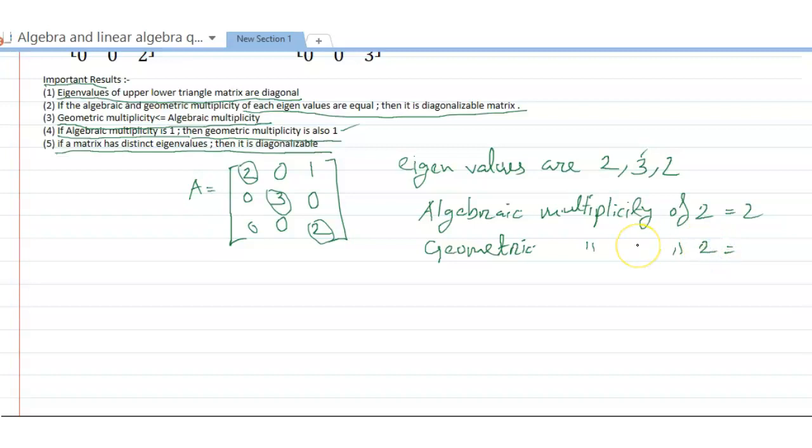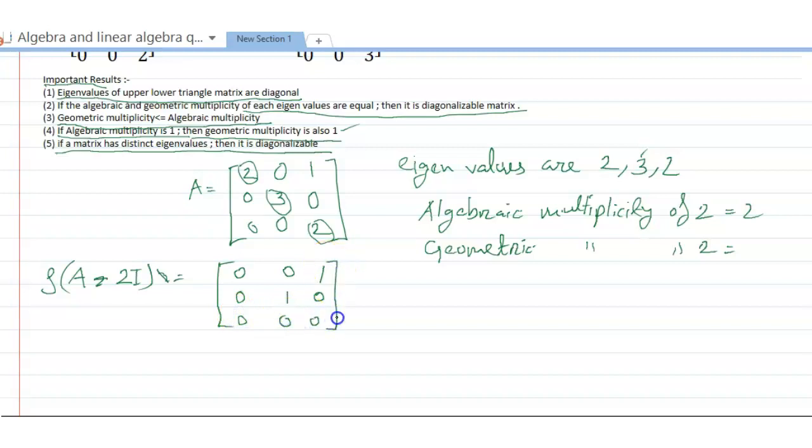How can I find it out, friends? Very simple. At first I have to find A minus 2I, and the rank of A minus 2I. So how can I find the rank? Now let's see, 0 0 1, 0 1 0, 0 0 0.